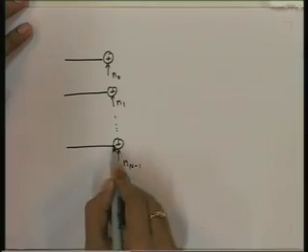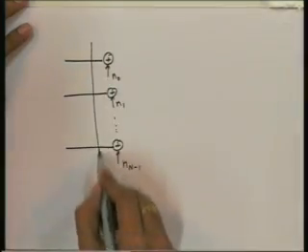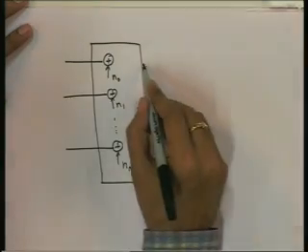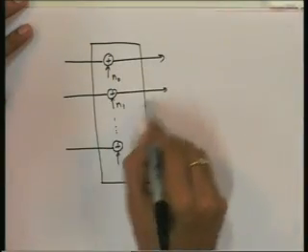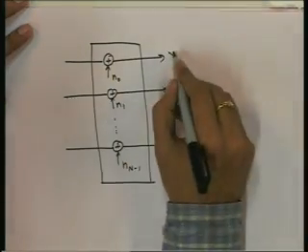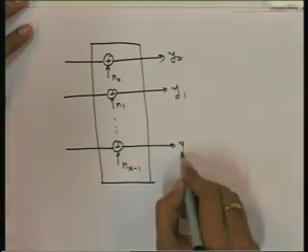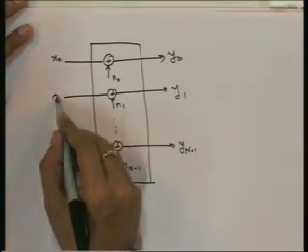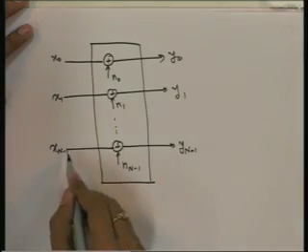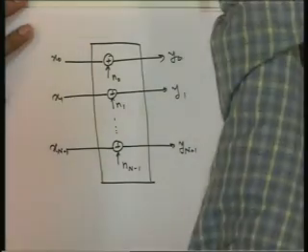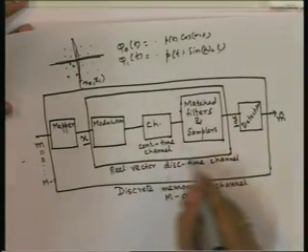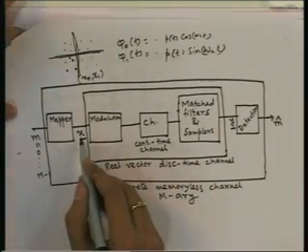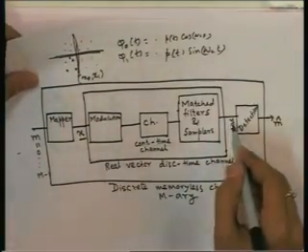So these are the inputs, this is the channel, this is a vector channel. So, this is y0, y1, yn minus 1, x0, x1, xn minus 1. So, this is such a channel, because here we are giving x vector and here we are receiving y vector.